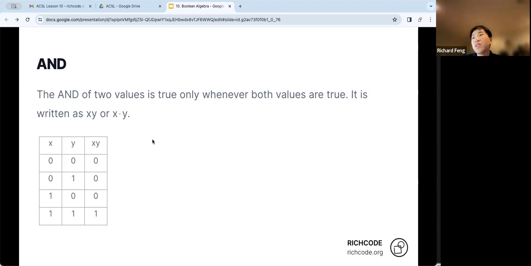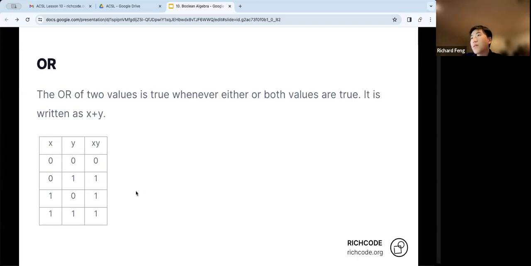Here you can see a simple truth table, which shows the values of xy given different values of x and y. Because it's only true when both values are true, and remember 1 represents true, the only case when xy is 1 is when both x and y are 1. In all other cases, xy is 0 because both values are not true.